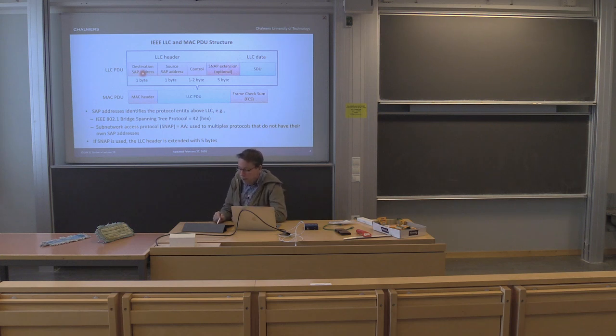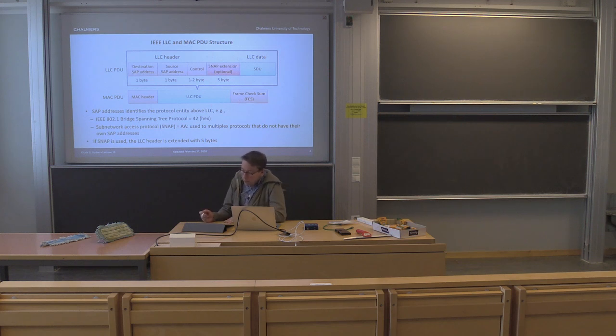So there are destination and source, and then control bytes, and then this particular extension for a protocol. Everything here is then put into the payload of the MAC layer. Okay, so the MAC layer PDU has a MAC header, the LLC PDU, and then some frame check here.